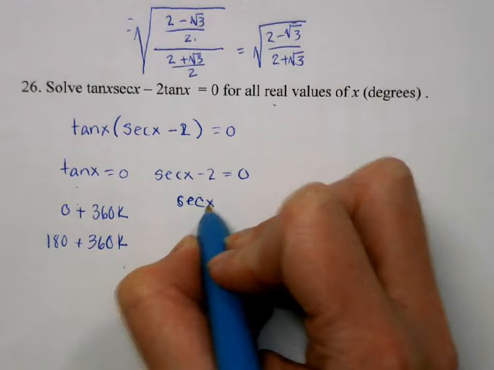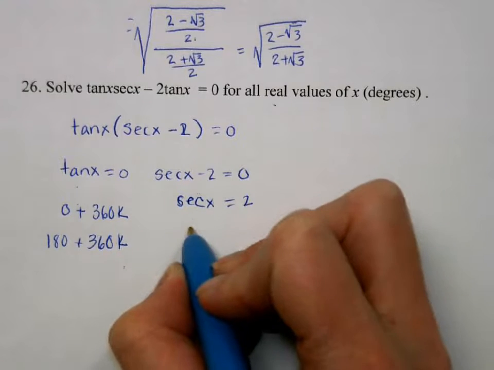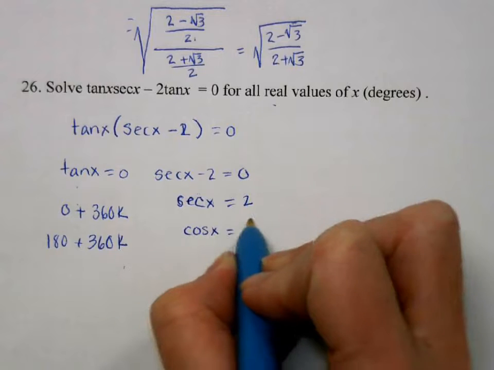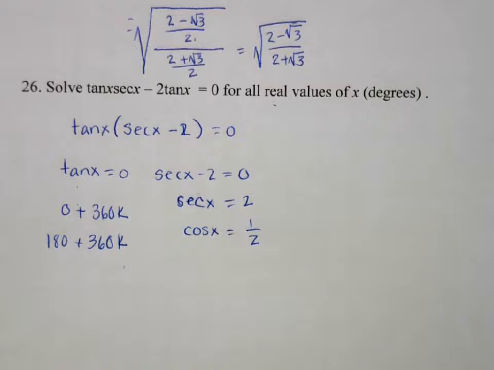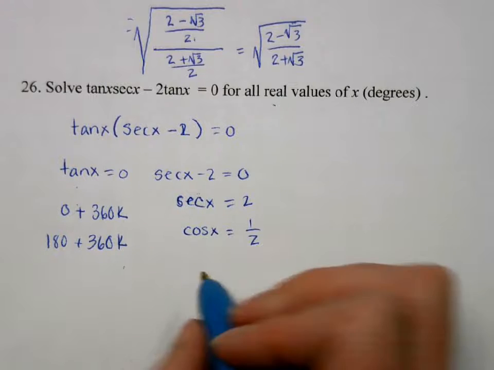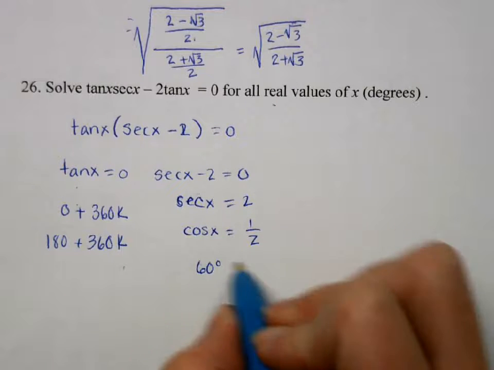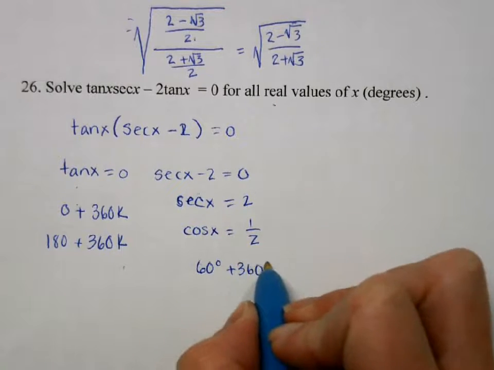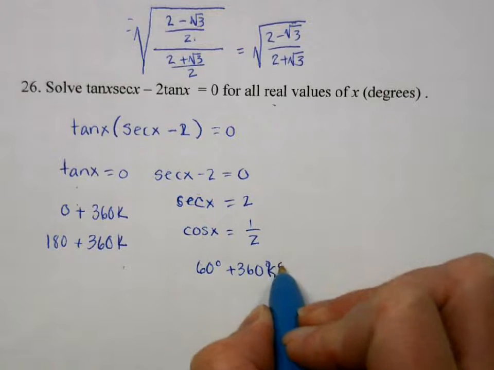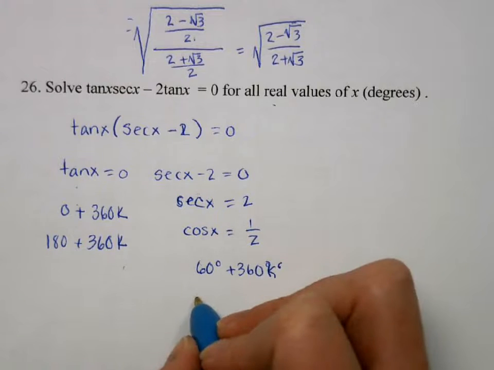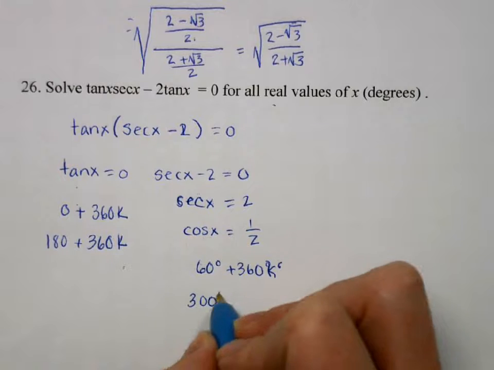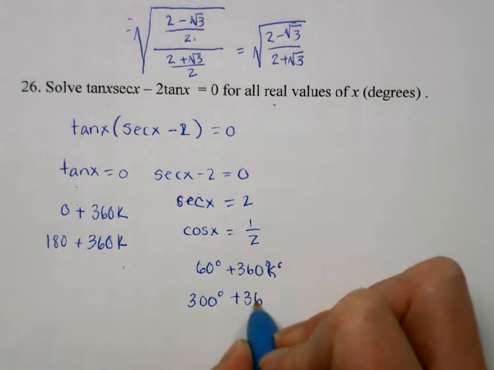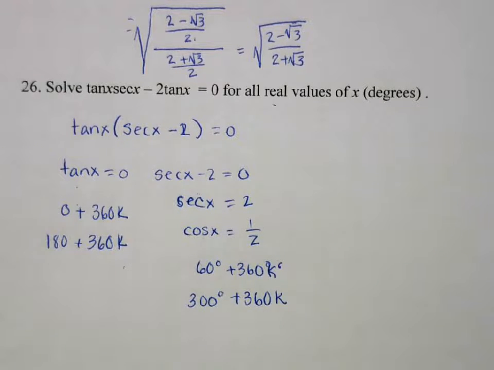So I'm looking for where my x values are 1/2, which are going to be at 60 degrees, add 360k, and at 300, where the x values are 1/2. Okay, so principal values are the highlighted unit circles.